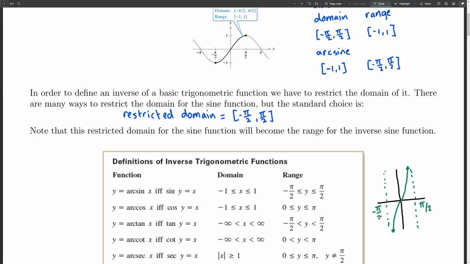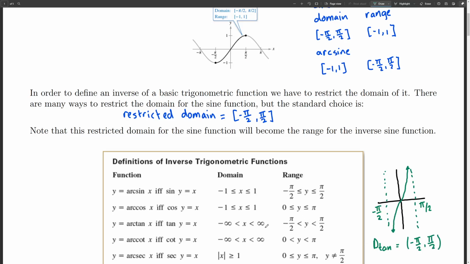So when you look at the domain of the tangent, it runs from negative pi over 2 to pi over 2, but because the asymptotes are not included, it's less than and not greater than or equal. So that domain of the tangent is negative pi over 2, not included, to pi over 2.